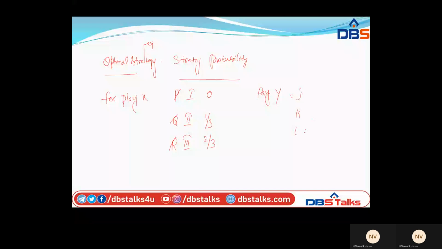And the value of game is 190 by. With this, the problem is completed. Finally, we need to represent all these things in a single position, or otherwise, if you do not have the time, we can represent it here also, no problem. So with that, the problem is completed.